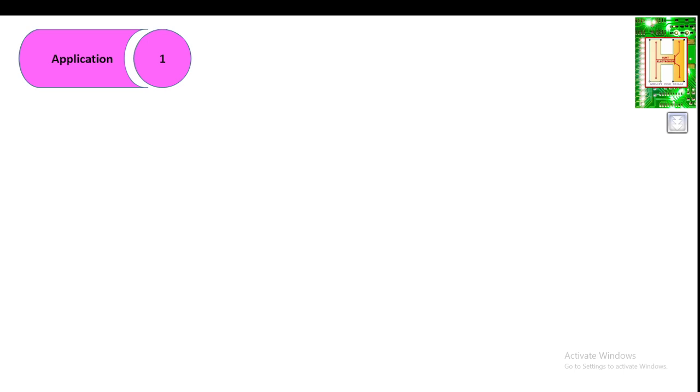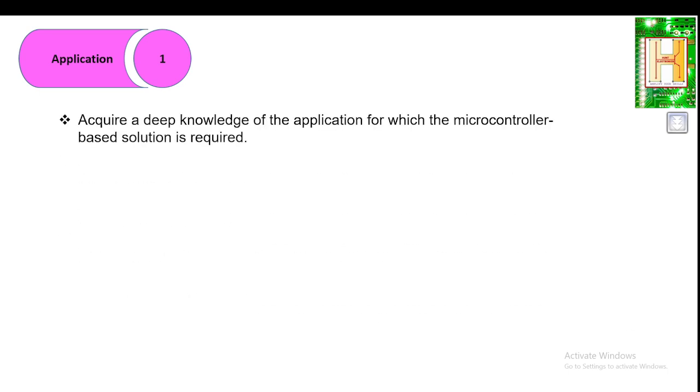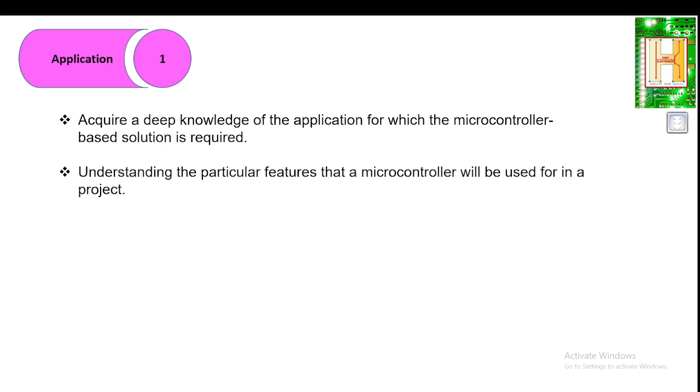The first thing one should do before choosing any microcontroller for a project on an embedded system is to acquire deep knowledge of the application for which the microcontroller based solution is required. Next, one should understand the particular feature that the microcontroller will be used for in the project.